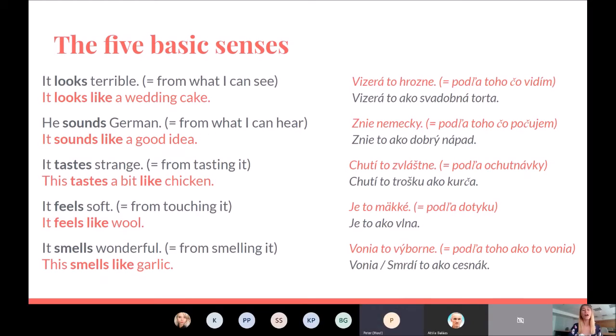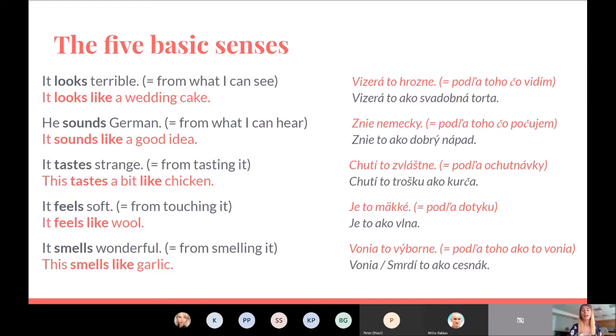So let's look at the verbs we use to express the basic senses. Start with sight, where we simply use the verb look. It looks terrible. He looks very nice. The book looks interesting. Or you can express it with look like.